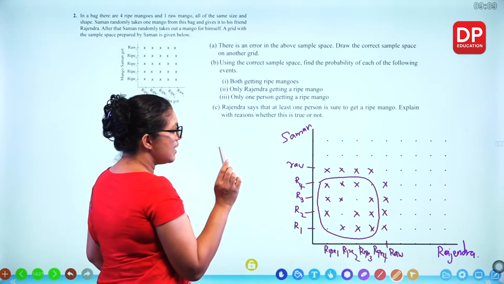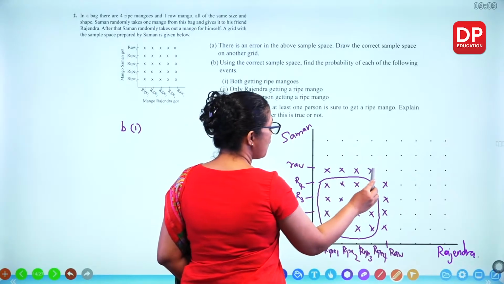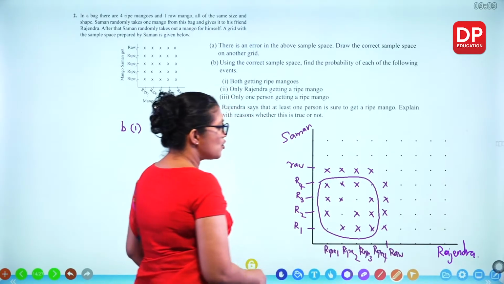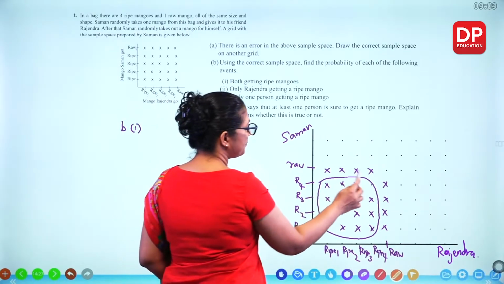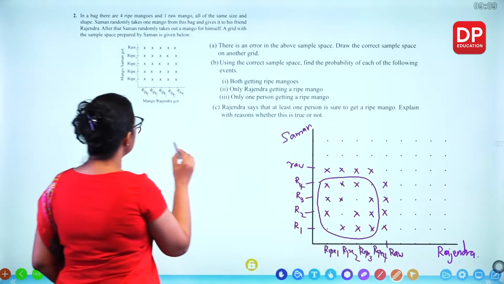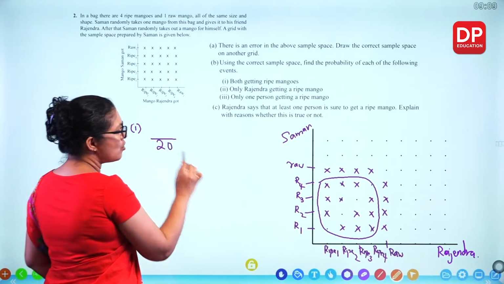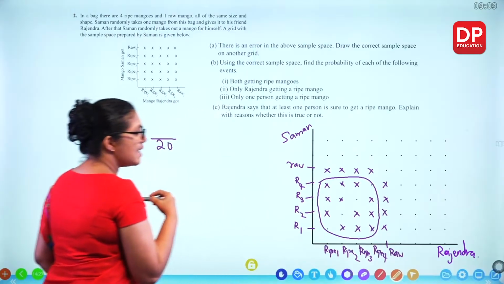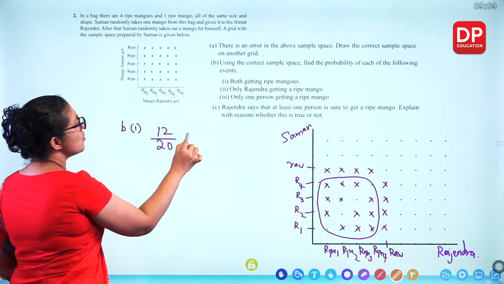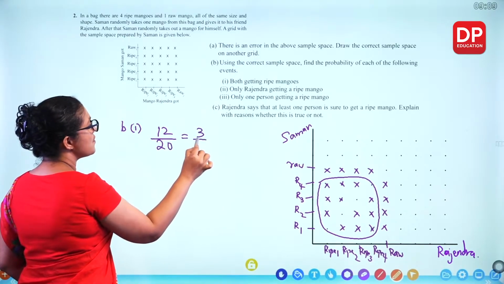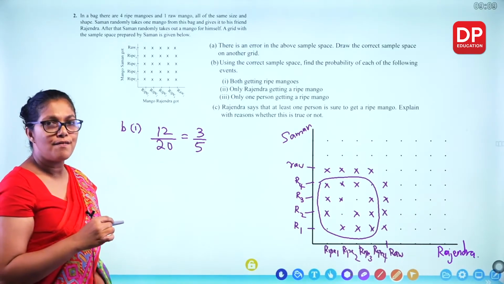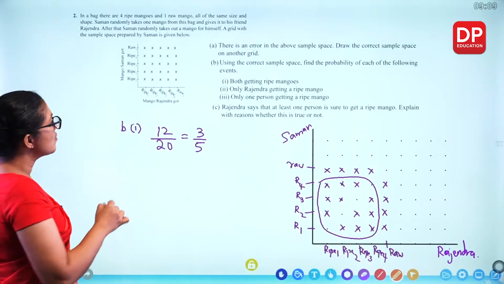Altogether, how many are there? 4 times 5, 20 altogether. Out of that, 12. So simplify, 4 times 3 over 4 times 5, so 3 over 5.